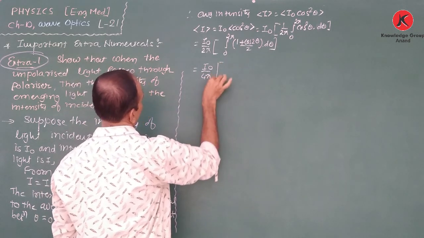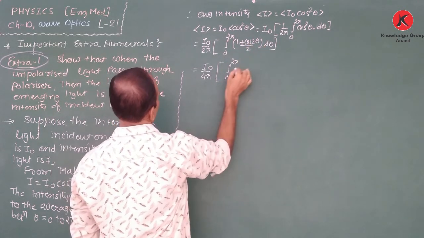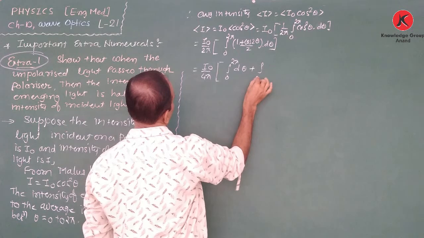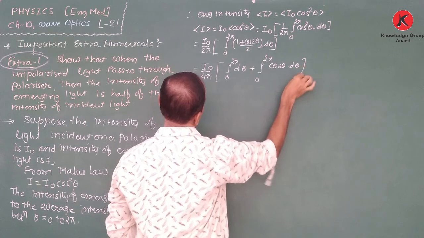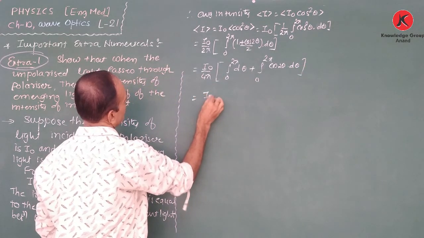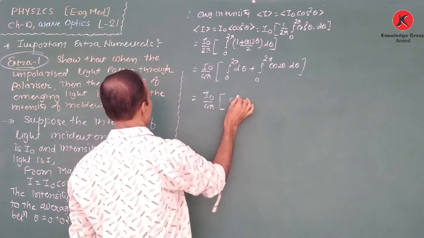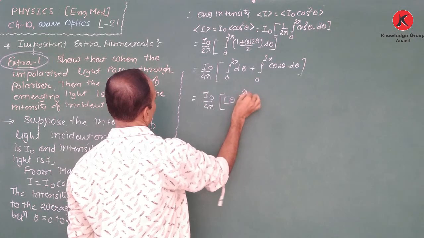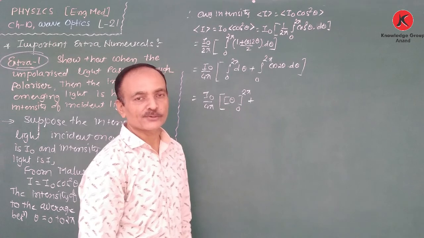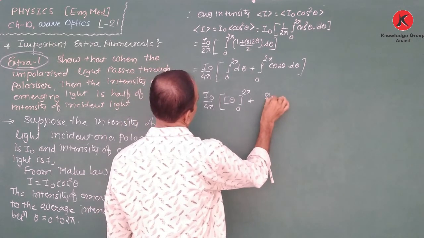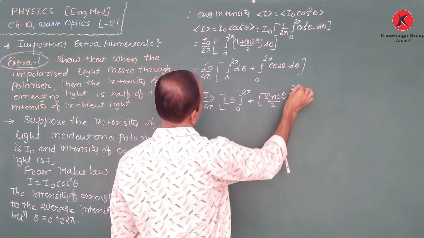Now we apply separate integrations: 0 to 2 pi of 1 d theta plus 0 to 2 pi of cos 2 theta d theta. The integral of 1 is theta from 0 to 2 pi, plus the integral of cos 2 theta, which is sine 2 theta by 2, from 0 to 2 pi.